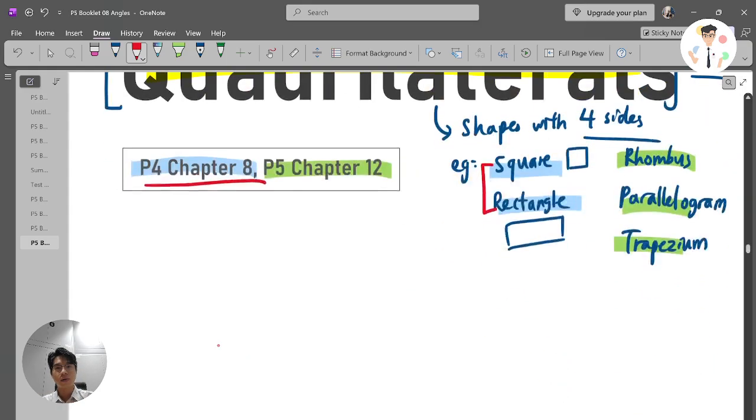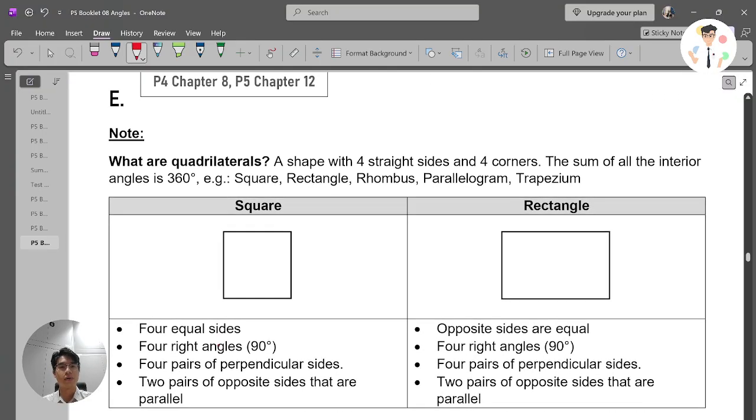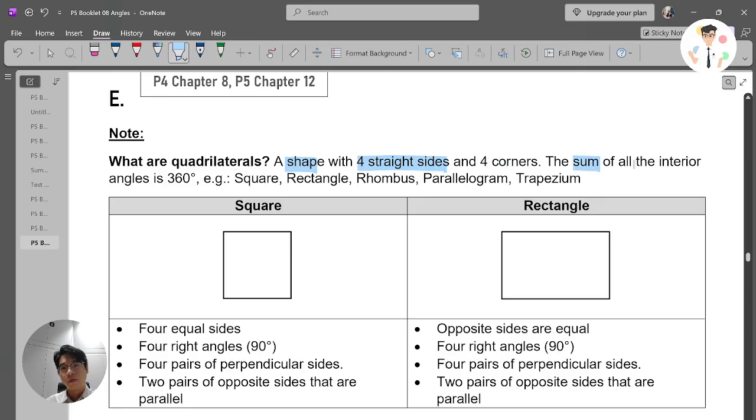Now let's focus on angles with quadrilateral, on square and rectangle. As you can see, I've already reminded you what a quadrilateral is: a four straight sides shape. And the sum of all the interior angles is 360.